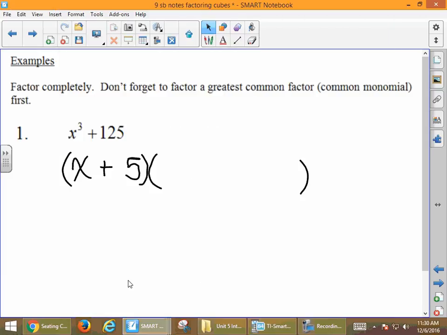And what I did so far, same sign. So that means we're going to have opposite signs and always positive.